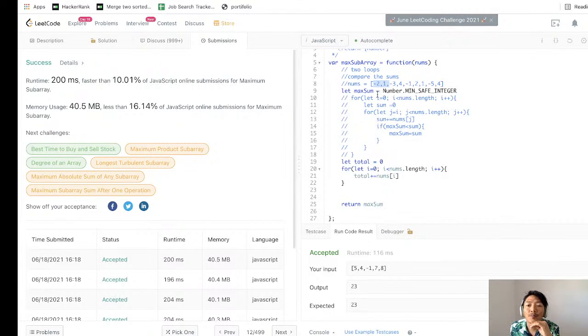We will move both of them. So now it becomes this, right?